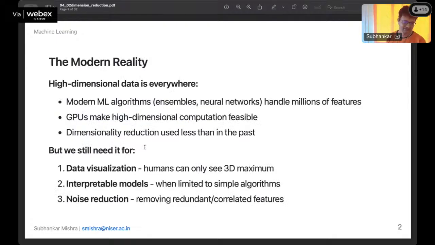So the idea behind this is that we have high dimensional data everywhere, and all the current data sets that we have are high dimensional.